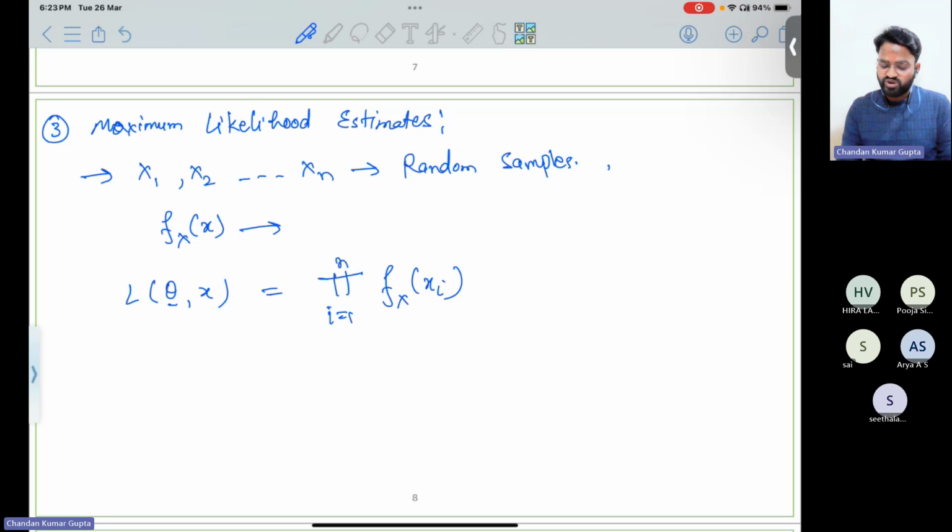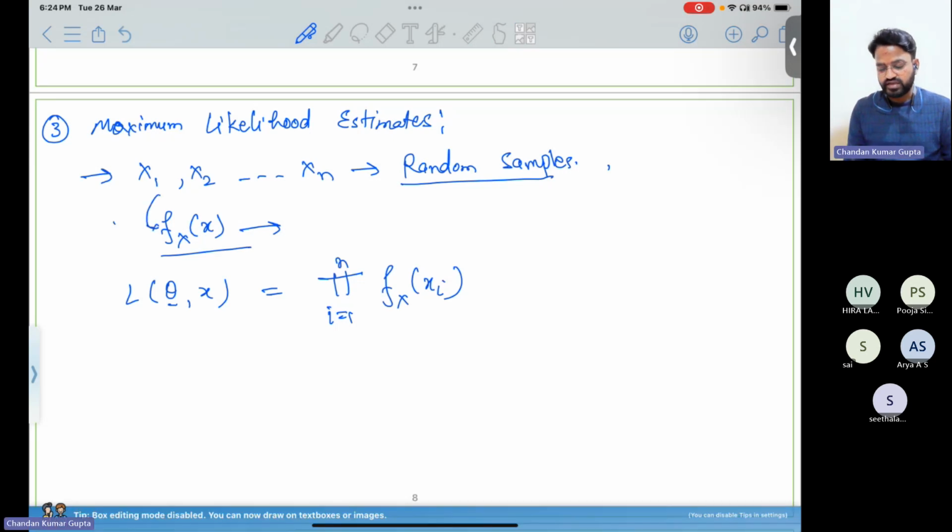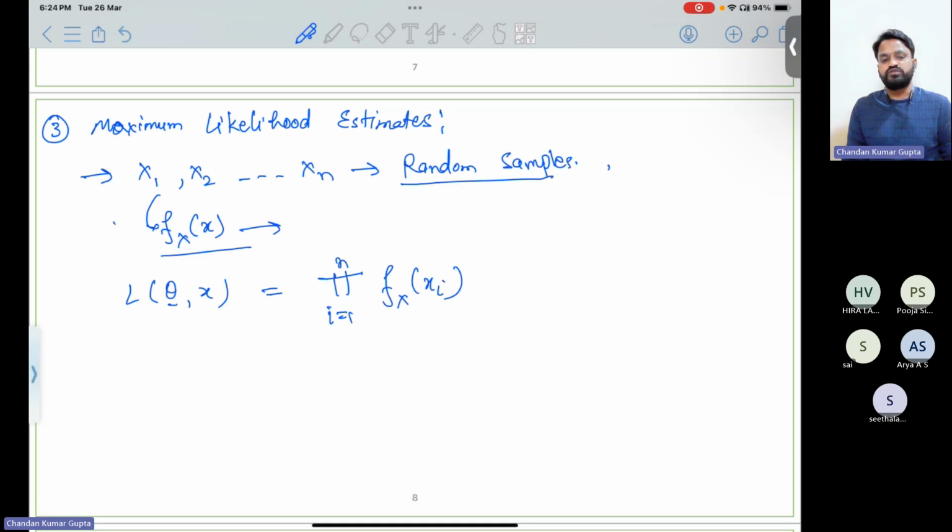Because these are random samples, that means they are drawn from this distribution identically and independently. Identically because all are drawn from this particular distribution, and independently because we have assumed that the samples are drawn independently. So the likelihood function can be formed with the help of this. This is called the likelihood function.